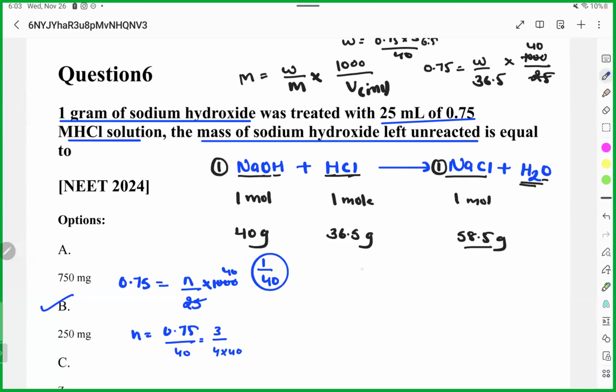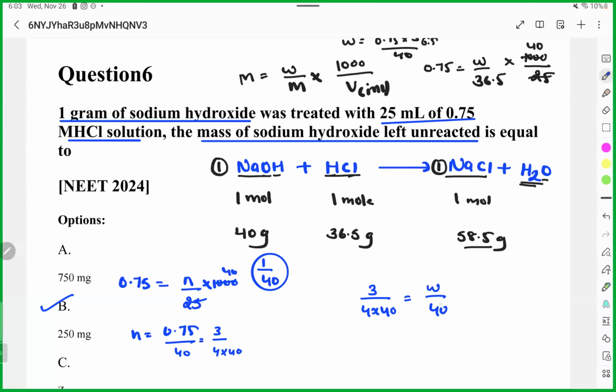So number of moles of NaOH that react should be equal to the number of moles of HCl. Number of moles of HCl is 3 by 4 multiplied by 40, so the same number of moles will be available for the hydroxide. What should be the amount if molar mass is 40?